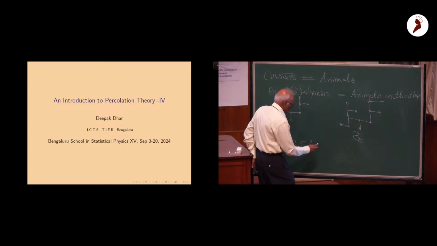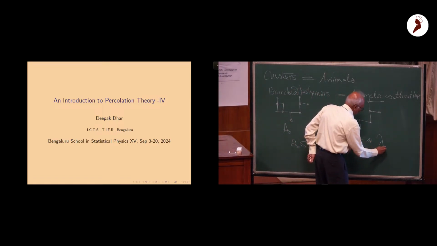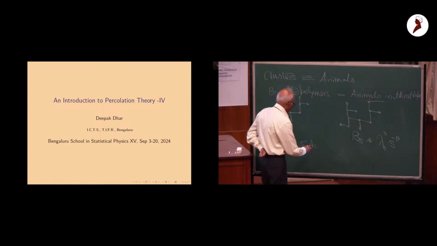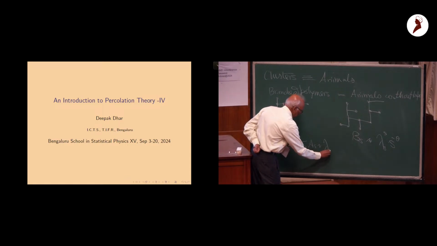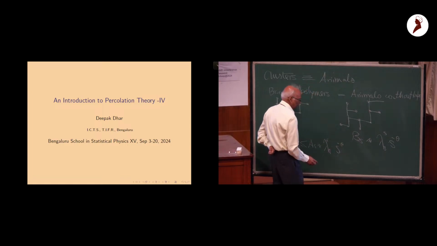So it turns out that these will go like some lambda to the power s, s to the power something, and this will grow as lambda A to the power s, s to the power minus theta.